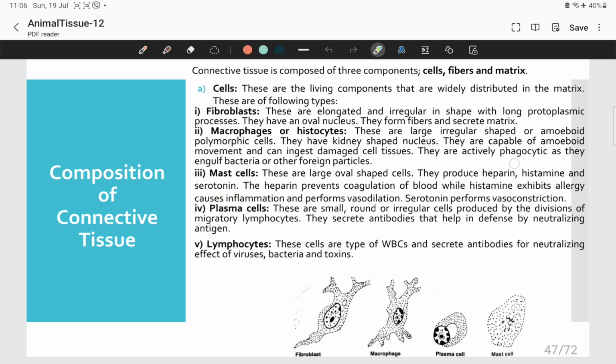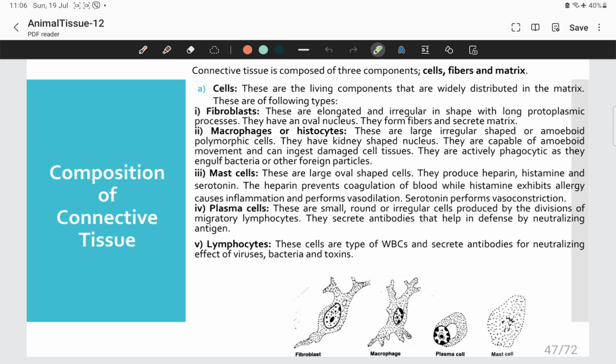The first chemical, heparin, helps to clot the blood, whereas histamine gets activated when allergy occurs. When the allergy takes place, it helps to swell the body parts by dilating the arteries, so that more blood flows through that area and those unwanted substances get washed away quickly.